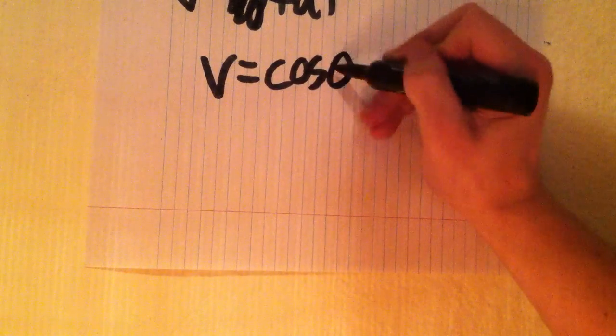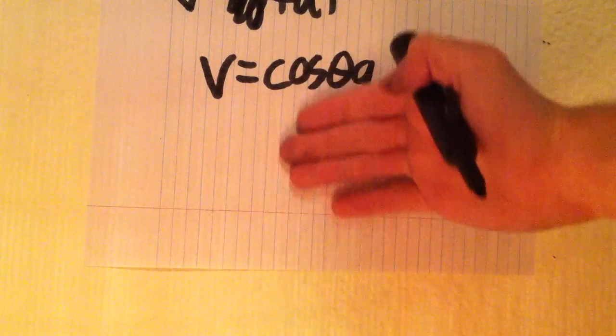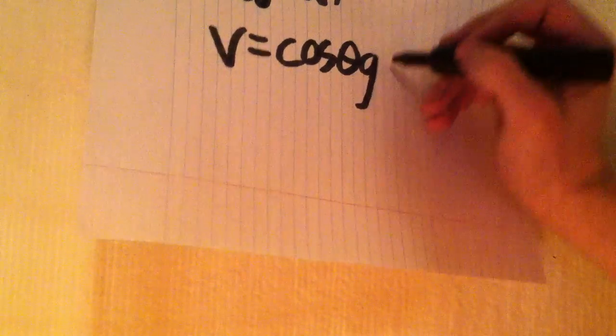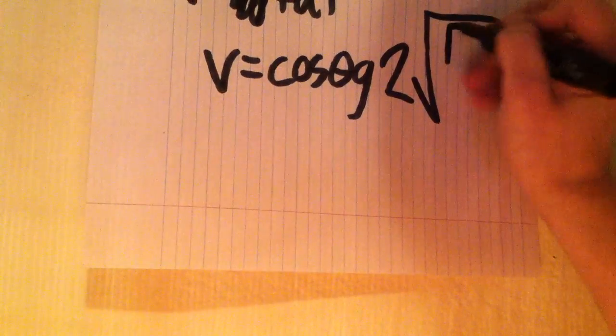Acceleration is cosine theta g as earlier, because even though we know that time is constant along the entire circle, the velocity that we're looking at in this specific problem is actually still at an angle. We don't know theta, but it doesn't matter. It's just going to stay a variable. So v is equal to cosine theta g times time, which we now do know is 2 square root of r over g.